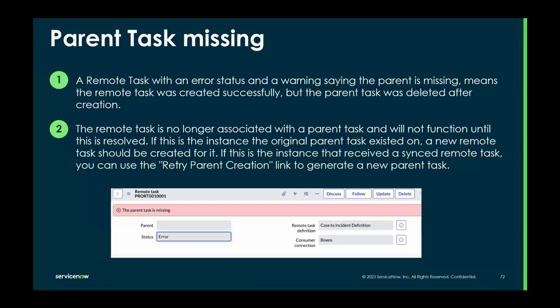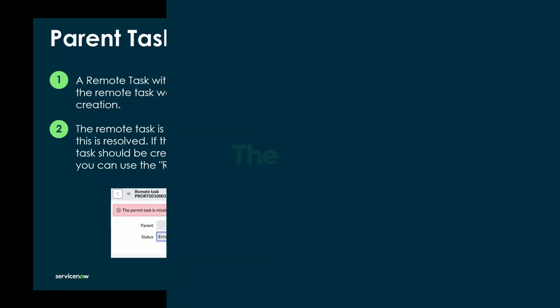There's also an option to retry parent creation, a link to create a new parent task if it just wasn't generated and you want to generate it now. So a few different ways to go about this, but this basically means that if you see this, the remote task was successfully created, there was that association to the parent task, but the parent task was then deleted or unassociated at a later point in time.